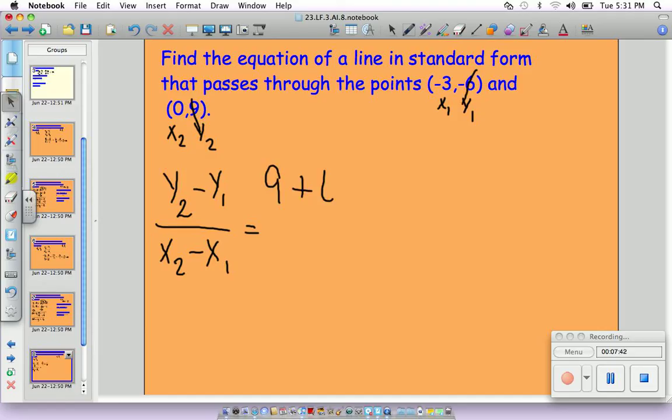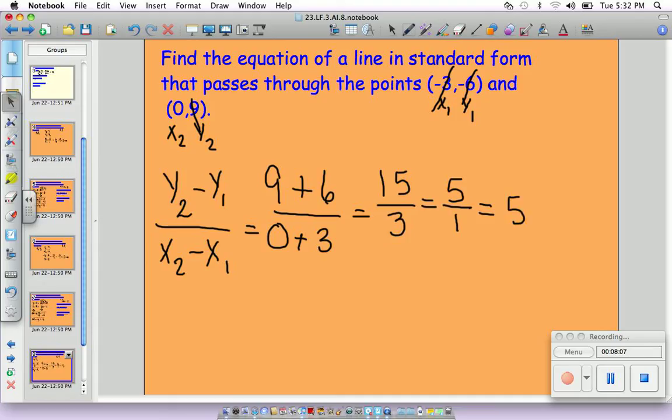Again, that's going to make it plus 6 over x sub 2, which is 0, minus negative 3. When I put the negative 3 behind this subtraction sign, it's going to make it plus 3. So my slope is 15 over 3. That simplifies to 5 over 1, which is 5. So I have found my slope is 5.